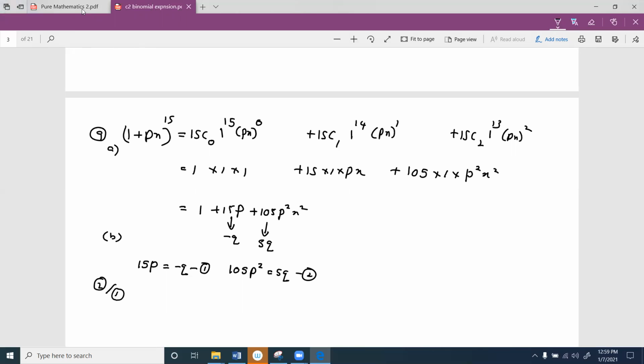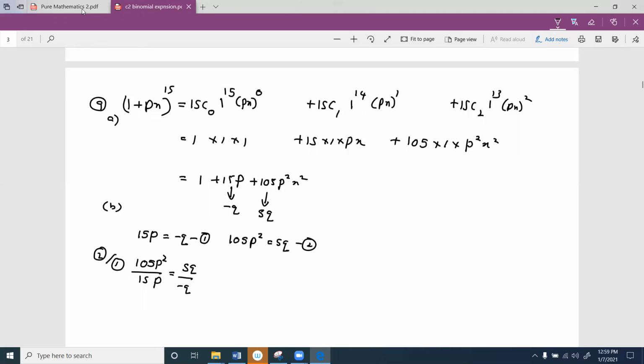Then what do you get? 105p squared over 15p is equal to 5q over minus q. So 105 divided by 15 is 7, so 7p is equal to minus 5. Therefore, p becomes minus 5 over 7.